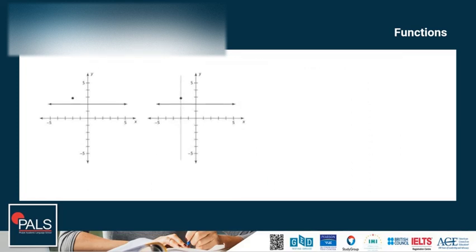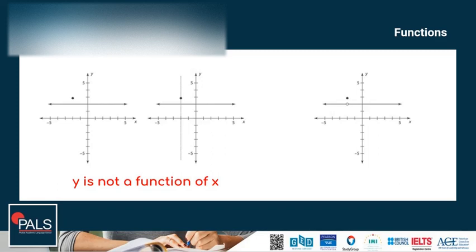Let's look at these given graphs. As we look at the graphs, there are values of x that have two values of y. So therefore, these graphs do not represent y as a function of x. How about this second graph on the right? For each value of x, there is exactly one value of y.